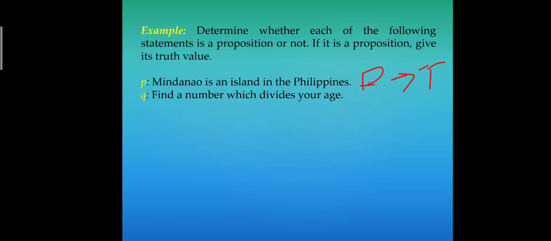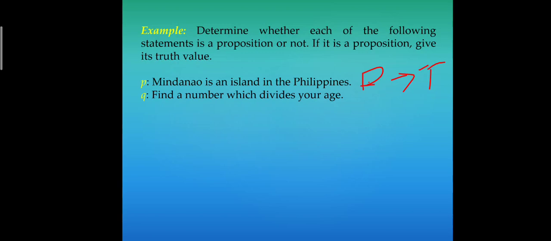Okay, so do you think the second example is a proposition? To answer that one, let us first answer whether the given statement is a declarative sentence. Find a number which divides your age. So is it a declarative sentence? Obviously, it is not, right? It is an imperative statement.